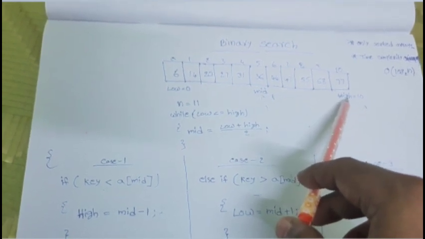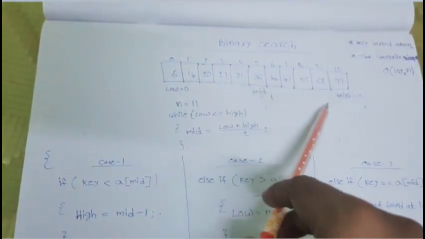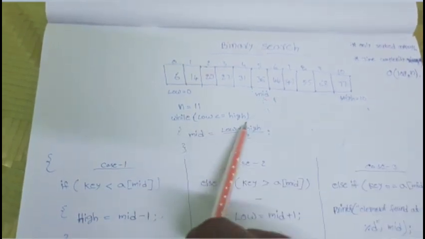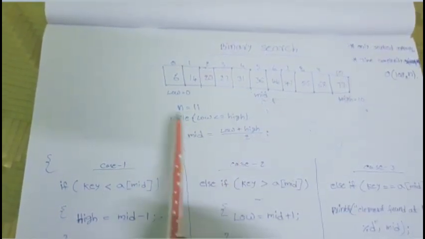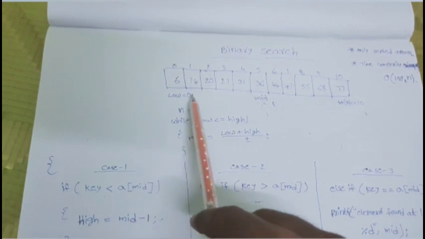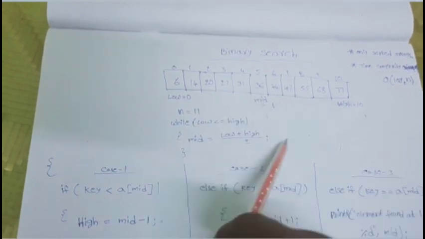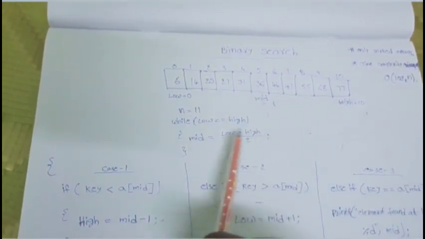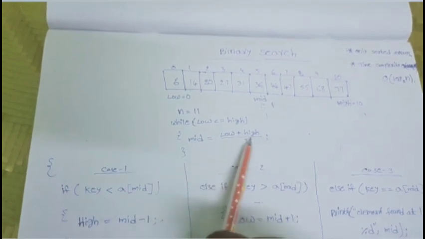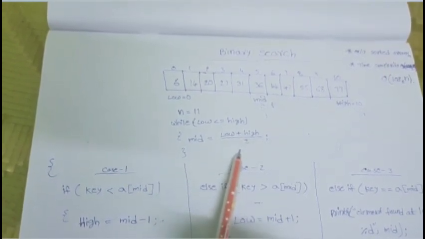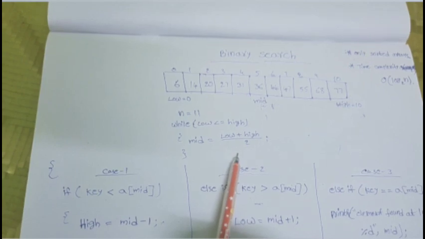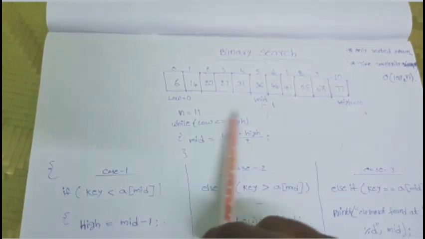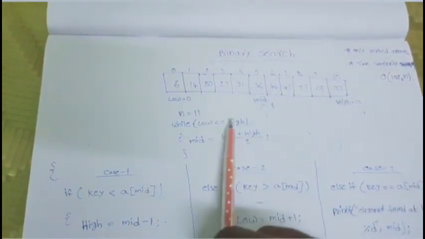So while low is less than or equal to high, the mid value will come from the average of low and high values. So the mid value is mid equal to (low plus high) by 2. Just we are using indices, not the values.